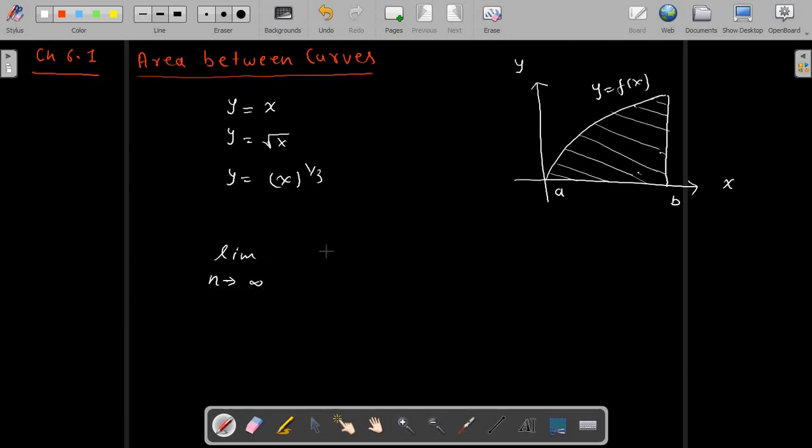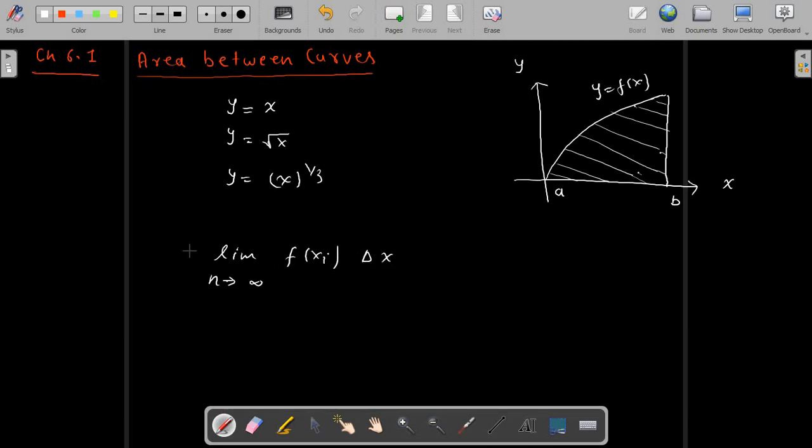How did we get the introduction from the Riemann sum? In the Riemann sum we take rectangle strips; if they are taken to be infinite in number and their size is so small, the sum is f(x_i) delta x.